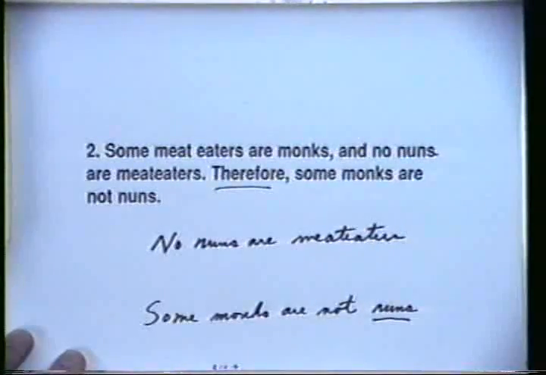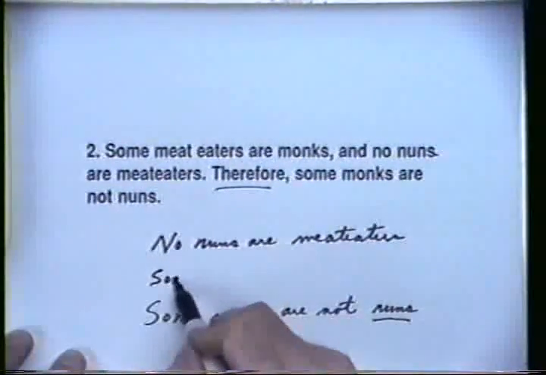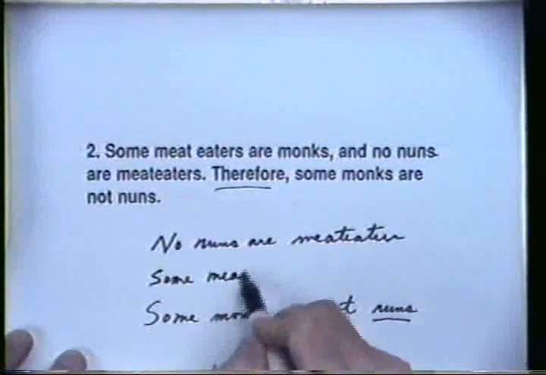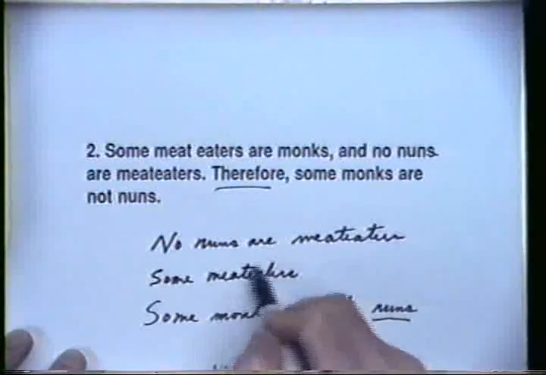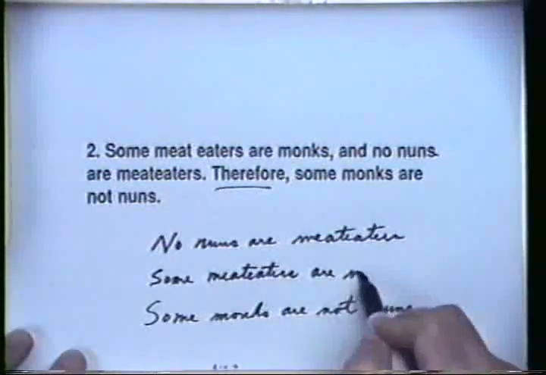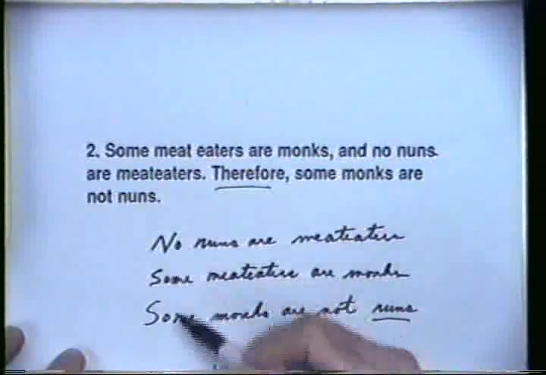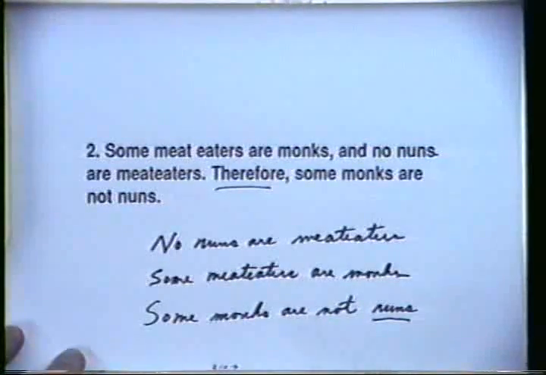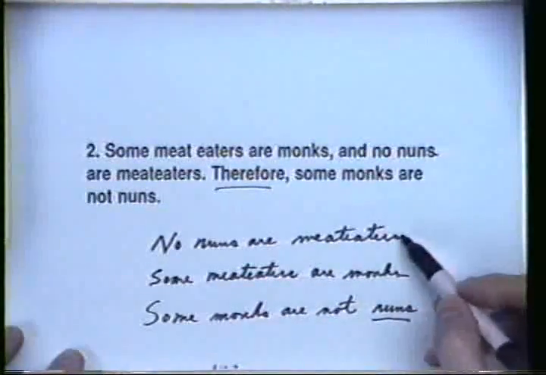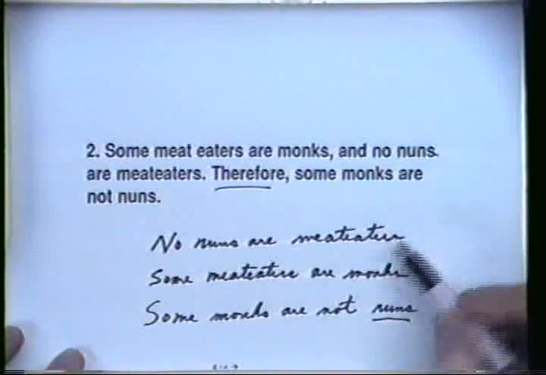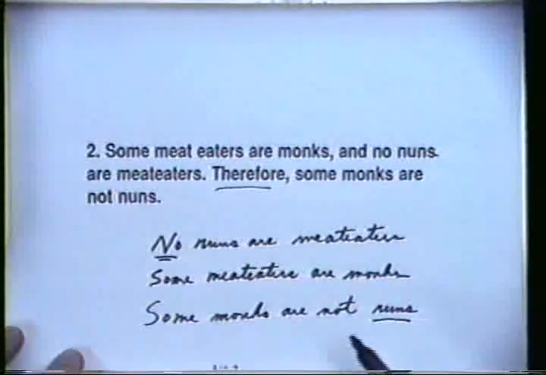The major premise. And some meat eaters are monks is the minor premise. We have to identify the type of these sentences now. The first or major premise is an E sentence, a negative universal.